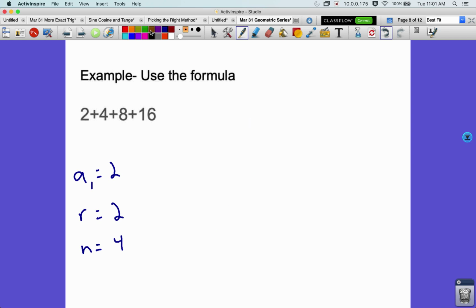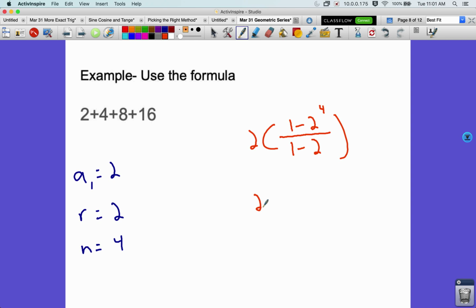All right, let's plug this all into our formula and see what we get. So 2 times the big fraction, 1 minus 2 to the 4th over 1 minus 2.